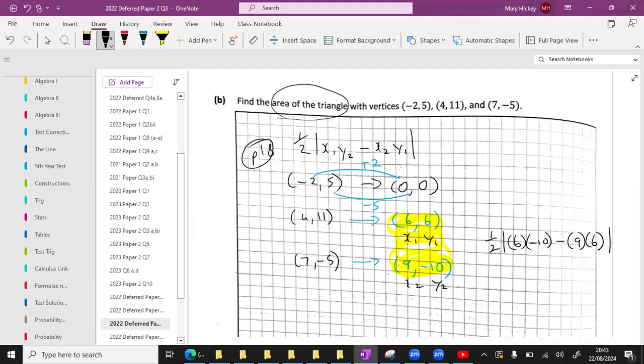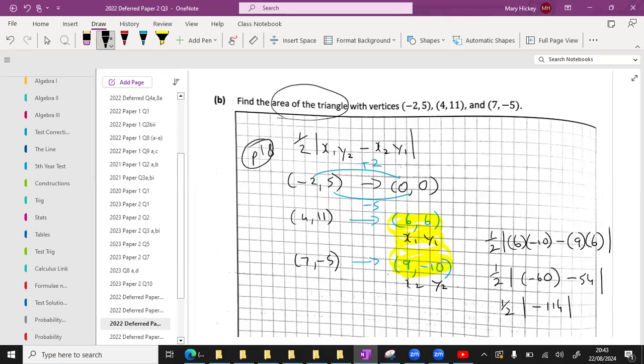Okay, so I end up with a half. This is -60, and I get -54. So all in all, this gives me -60 minus 54 gives me -114.